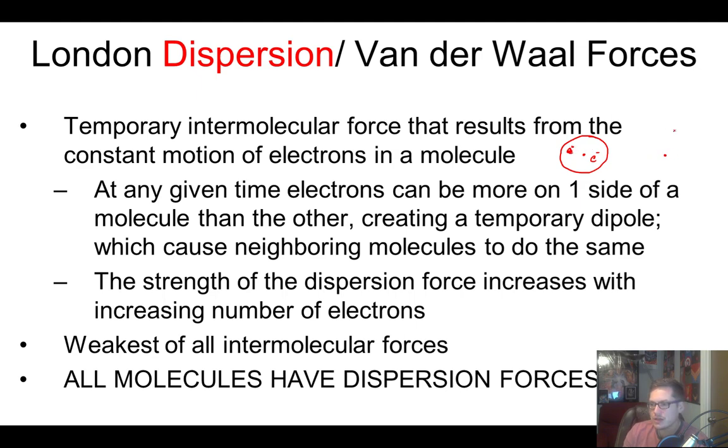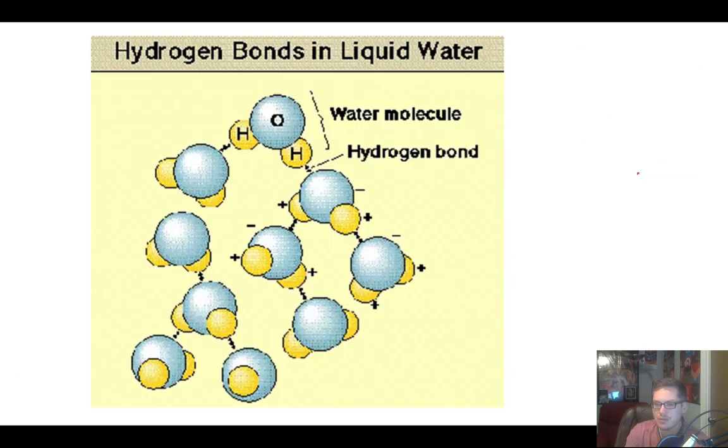But it's also possible that both of your electrons are on one side. If both electrons are on one side, it forms a temporary dipole, where this side's negative because it's got all the electrons and this side's positive. So it creates a temporary dipole. Once that occurs, it cascades and makes all the other molecules around it also have dipoles.